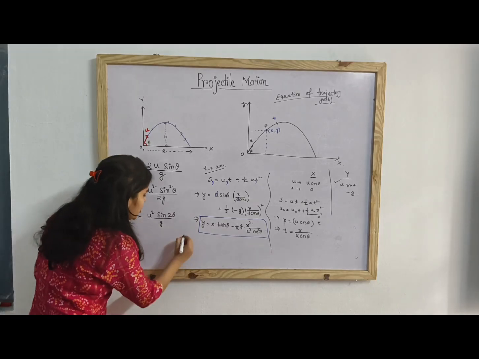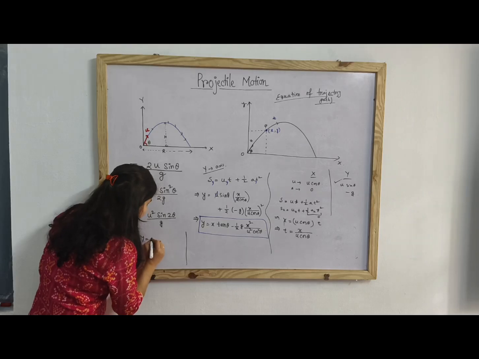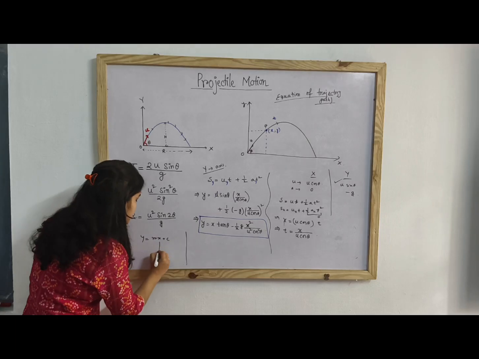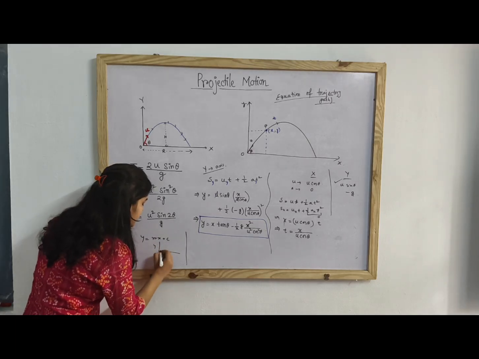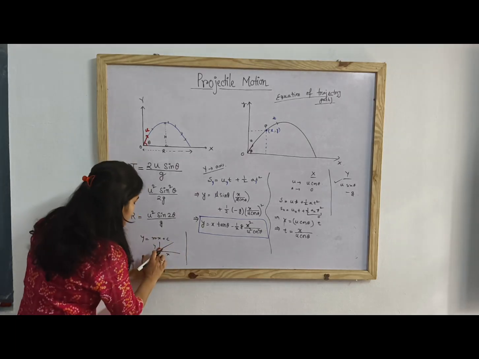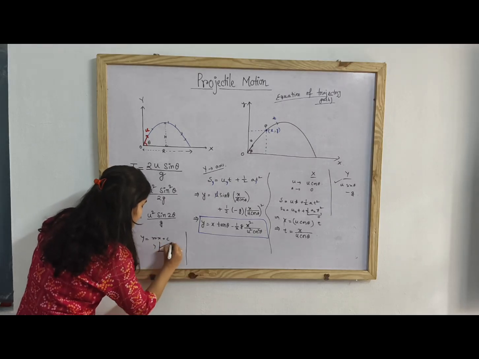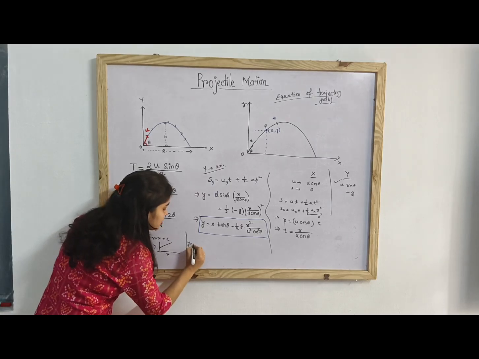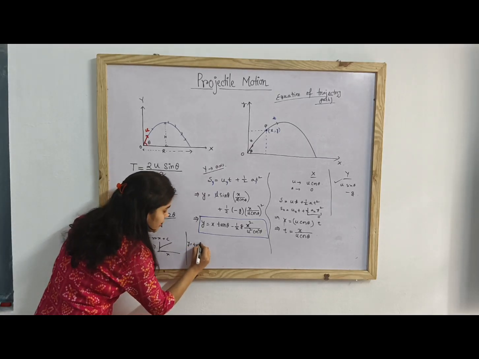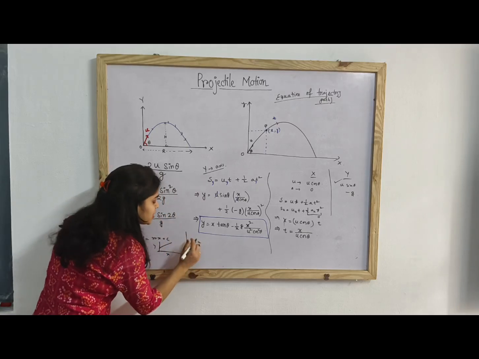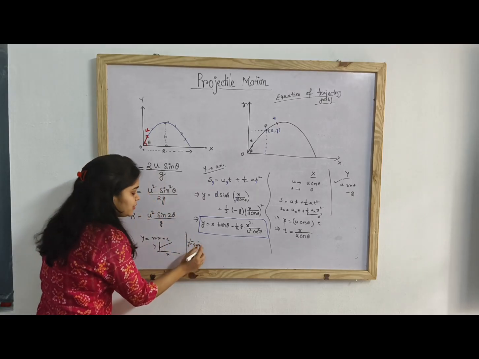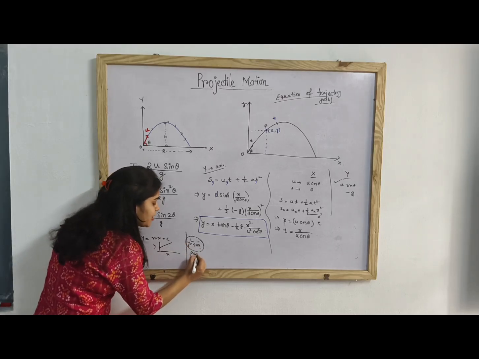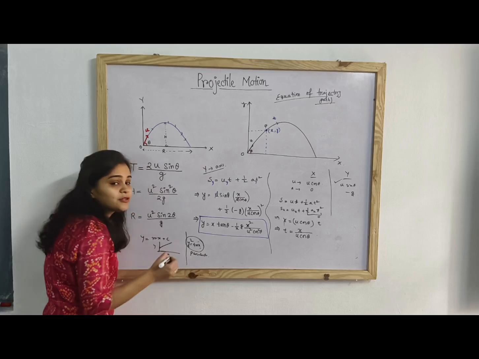If the equation is y is equal to mx plus c, then the graph will be a straight line, and c is the intercept. Again, if your equation is y is equal to 4ax square, or y square is equal to 4x, then you know that the equation between y and x is a parabola. That means the path will be parabolic.